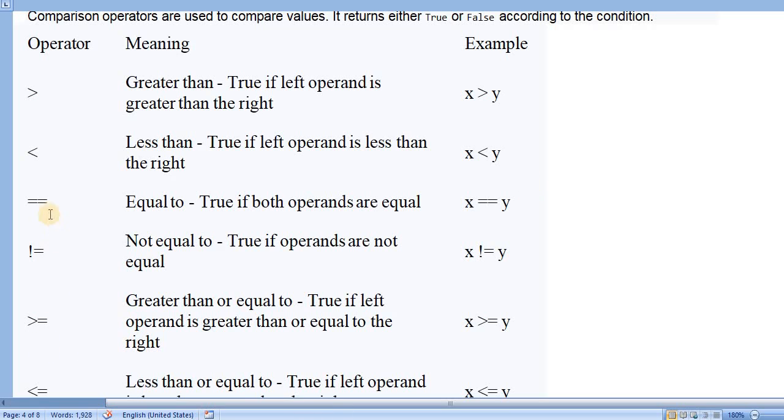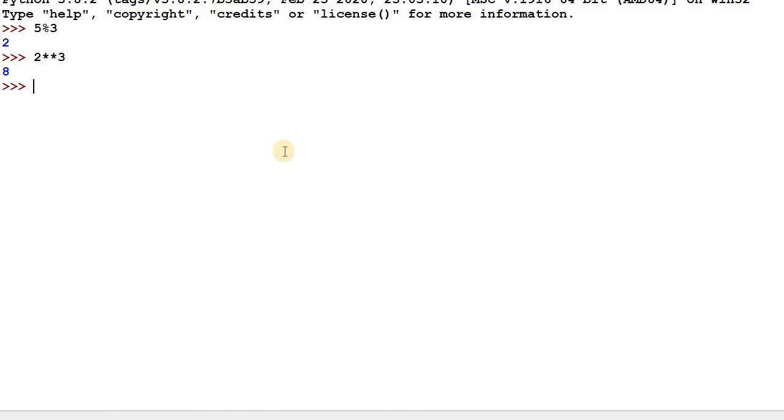And here the equal operator means double equal is used. When x equals 10 with only one equal, this operator is called the assignment operator, so it will assign the value. And when you use double equal, it is a comparison operator and it compares equality of the two operands.